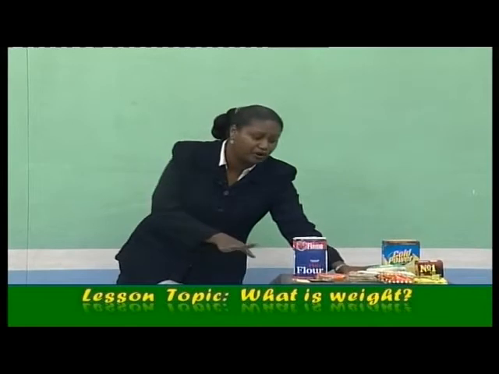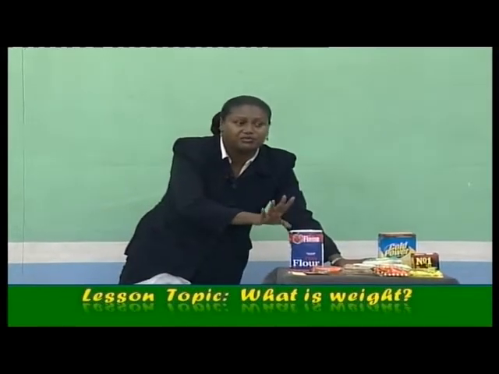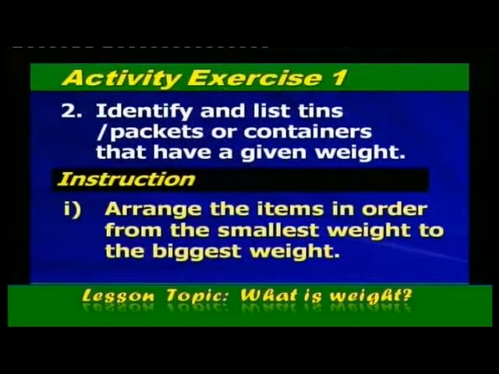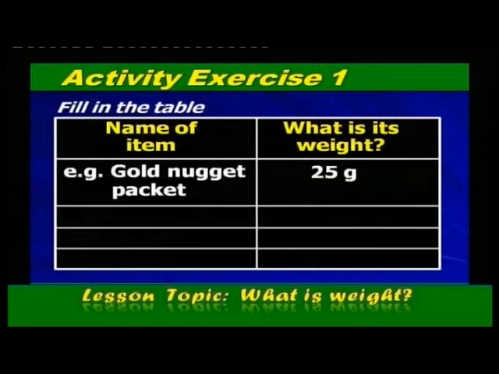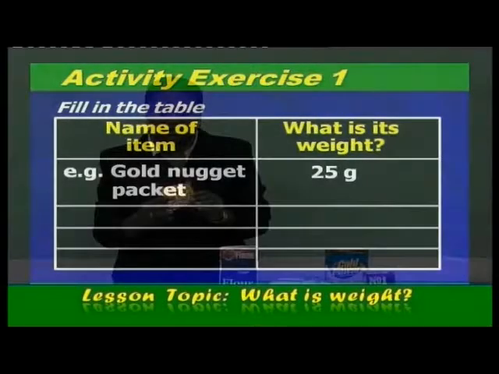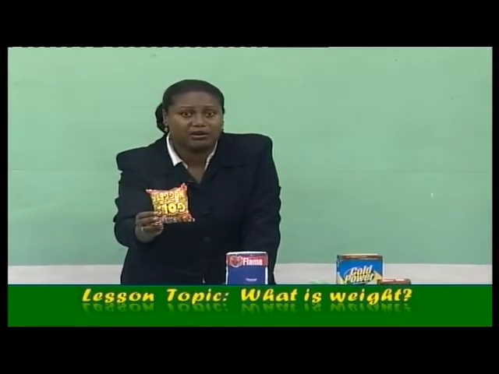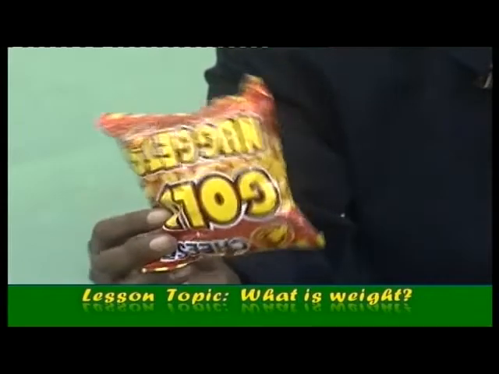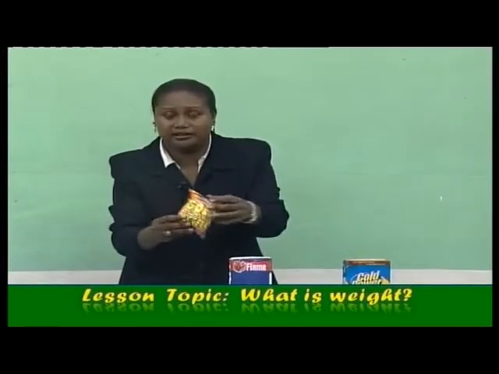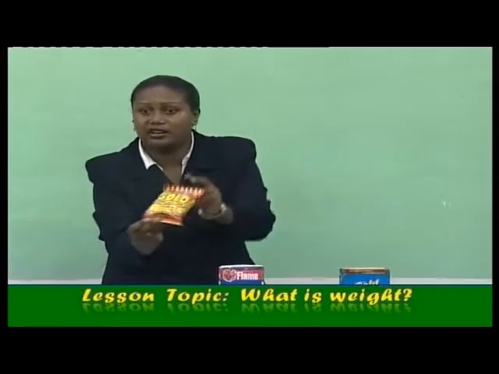The items that they have brought to class, distribute 3 to each group. They will arrange them from the smallest weight to the largest weight and record on the table. We have the table on the PowerPoint slide as well. Now for activity 2, receiving students, I have put an example on the PowerPoint slide for you. For example, we have gold nuggets.